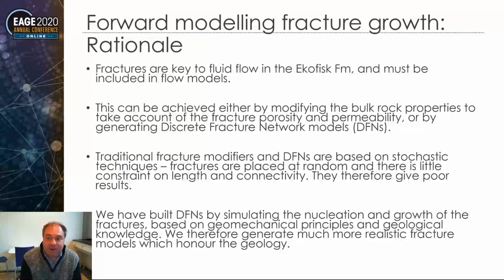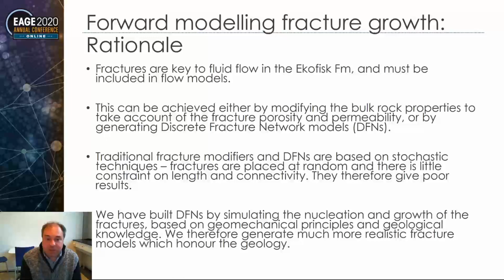But we have typically little control on the fracture density away from the wells and no control on the fracture length and connectivity. And therefore, stochastic models often give poor representations of the actual fracture network and poor results when used in flow modelling.